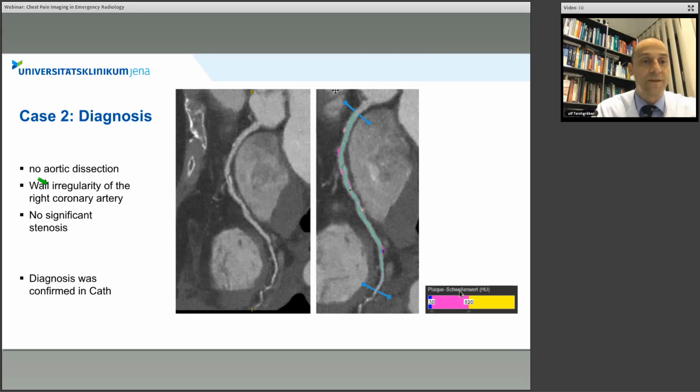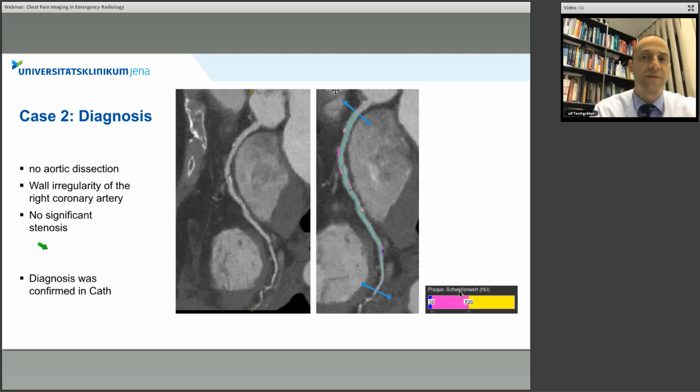So in this case, there was no aortic dissection, and there were some wall irregularities of the right coronary arteries, and no significant stenosis. The diagnosis was then also confirmed in the cath lab, because those patients still have to go after the guidelines where we ruled out acute aortic syndromes.